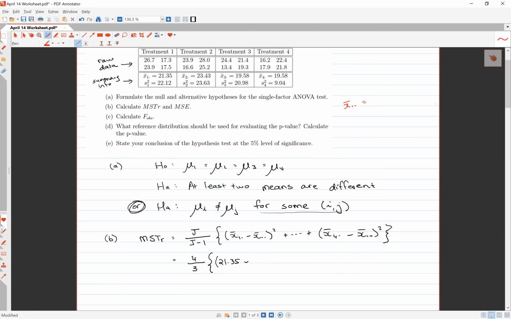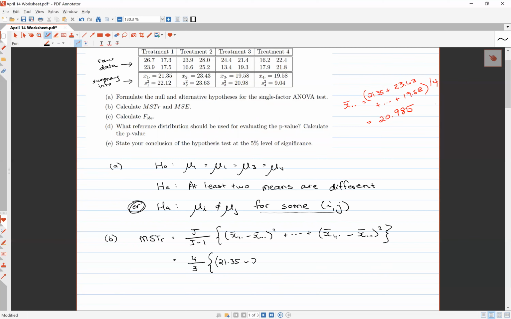But since we already have the group averages, we can just sum those together and divide by 4. And if you go and do that here, you will get 20.985. So that's the overall average in the comprehensive data set.